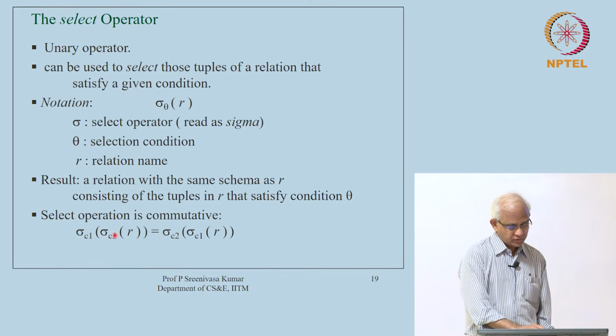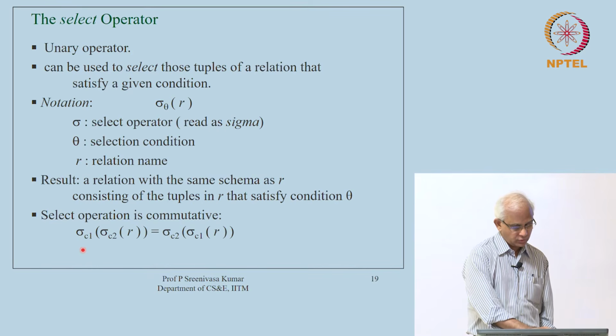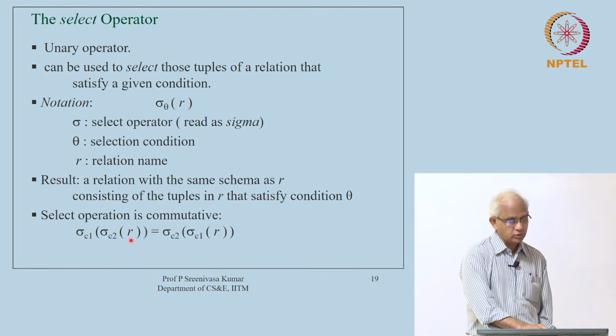And the operation is commutative. So, if you write sigma C1 of sigma C2 of R, notice that we can compose the operators and then get algebraic expressions. That is the whole idea of an algebra.